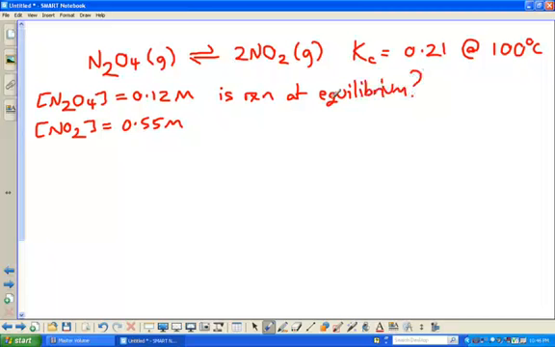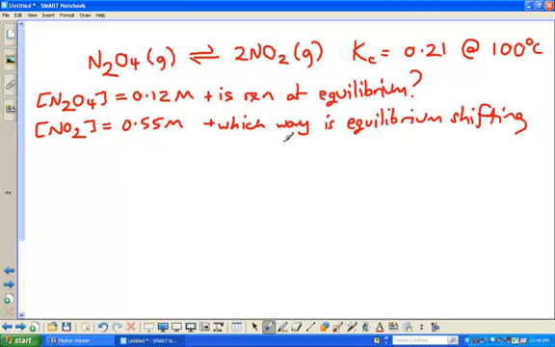The answer to that is going to be either yes or no. And if the answer is no, which way is the equilibrium shifting if the answer to the above question is no?